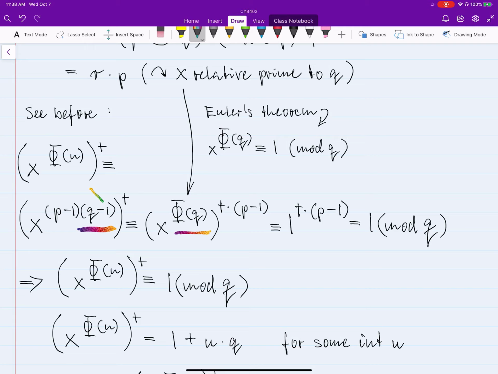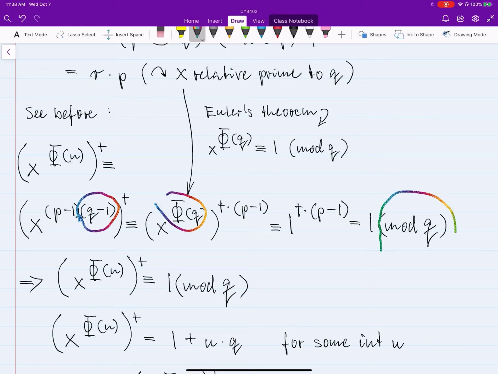The one is actually here limiting the zero, which does not have a greatest common divisor of one when you look at q and zero. Okay, so zero can be divided by q, q can be divided by q. So zero is not relative prime to q. That's the one that we need to subtract here. So interesting enough, with that approach, we can replace this part here with phi of q.